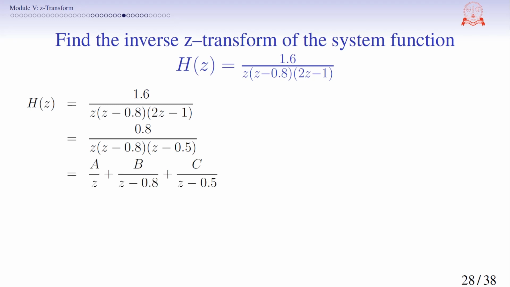Here the system has three simple poles at z equal to 0, z equal to 0.8 and z equal to 0.5. So H(z) can be represented as A divided by z plus B divided by (z minus 0.8) plus C divided by (z minus 0.5). Finding the values of A, B and C, I get A as 2 and B and C as minus 1.